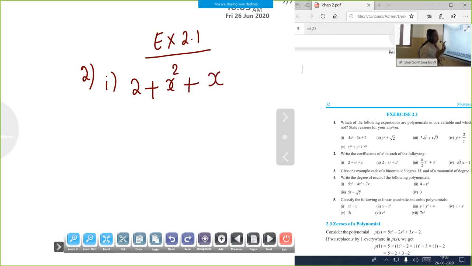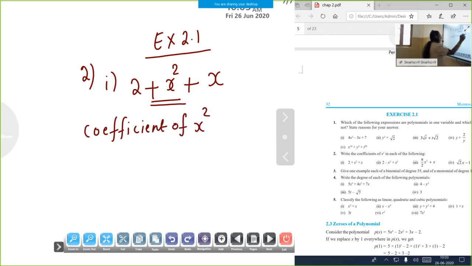So this is our expression x square. Which number is together with that variable? Coefficient of x square equals, what is the number together with that variable? 1, plus 1. So coefficient of x square is plus 1.